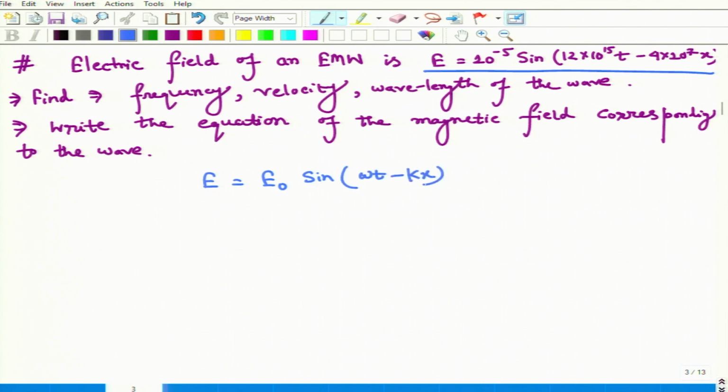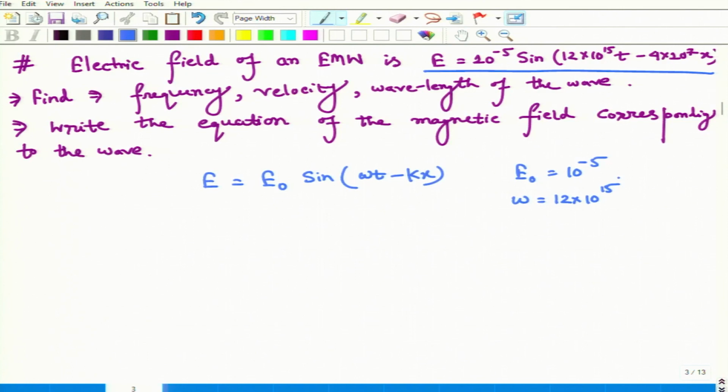Now if we compare, then easily we can write that E0 is equal to 10 to the power minus 5. Again, if we compare, omega is 12 into 10 to the power 15. Omega is the angular frequency, right?